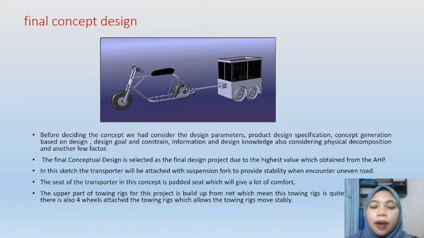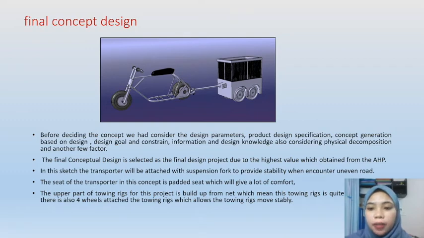And the upper part of the towing rig for this project is built from a net, which means this towing rig will be quite lightweight, and there are also 4 wheels attached to the towing rig, which allow the towing rig to move stably.